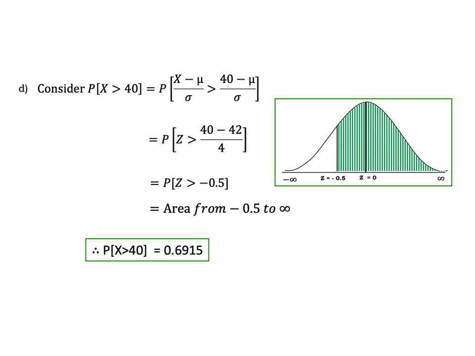So I've shaded in green color from minus 0.5 to infinity, and whatever we have shaded in green color, we have to write now in words, which will be equal to area from minus 0.5 to infinity. So this area can be directly found out from the tables, and you will get probability of x greater than 40 as 0.6915.